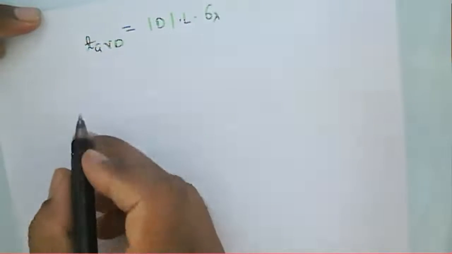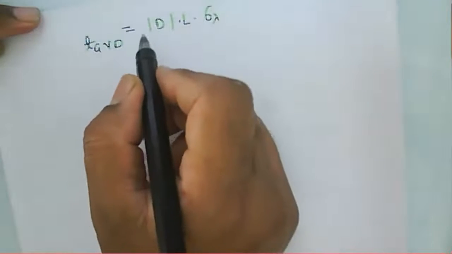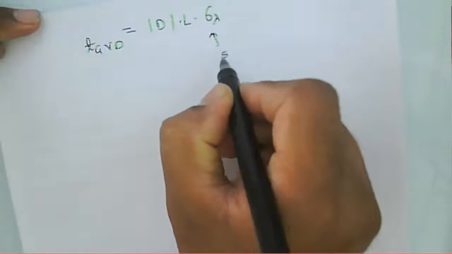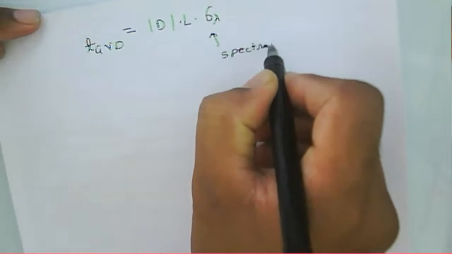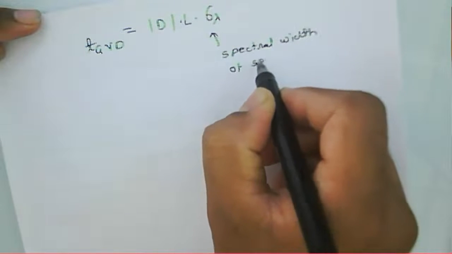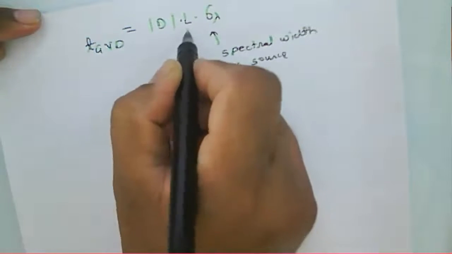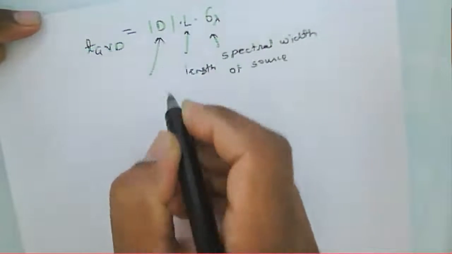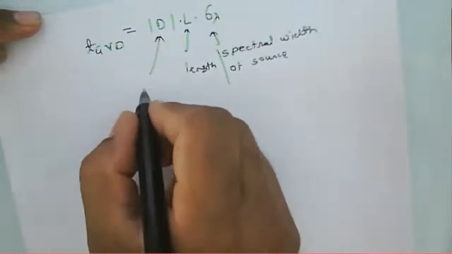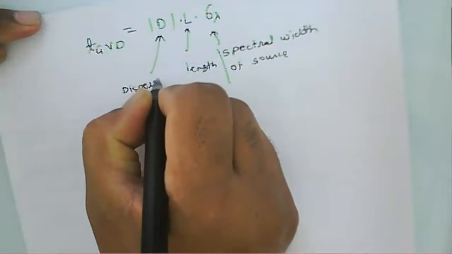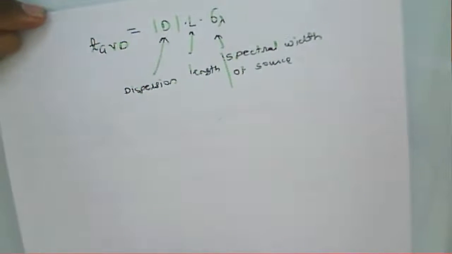That is sigma lambda. Now if you see here, sigma lambda is nothing but the spectral width of the source, L is the length, and this T is nothing but the dispersion.